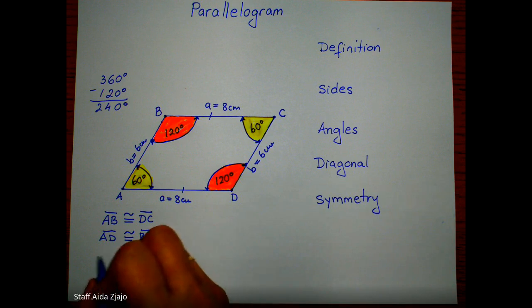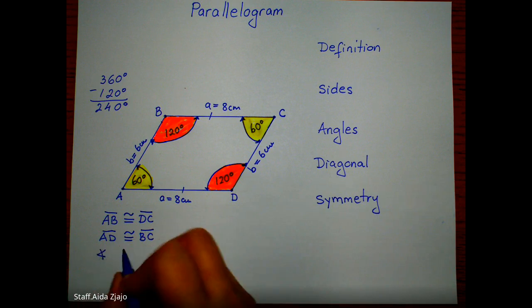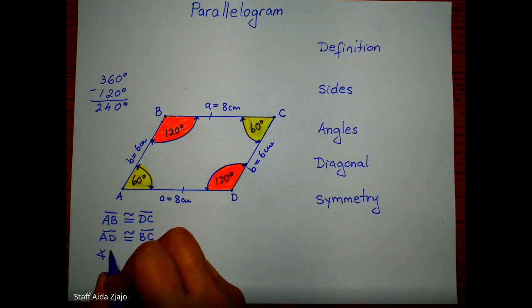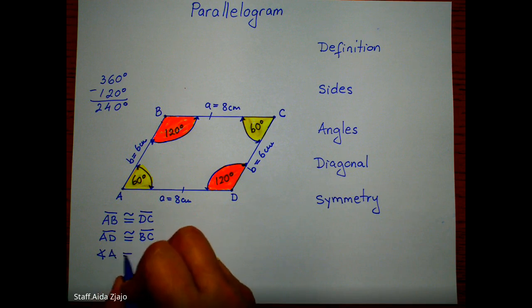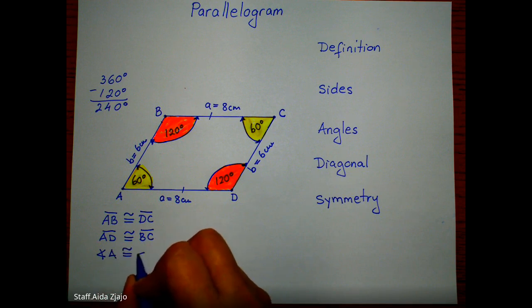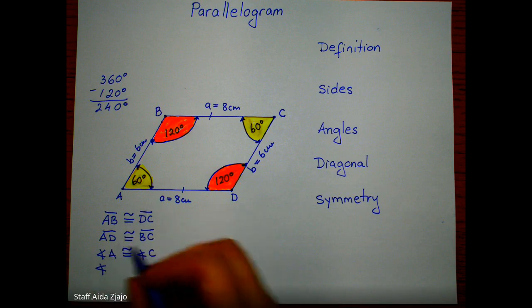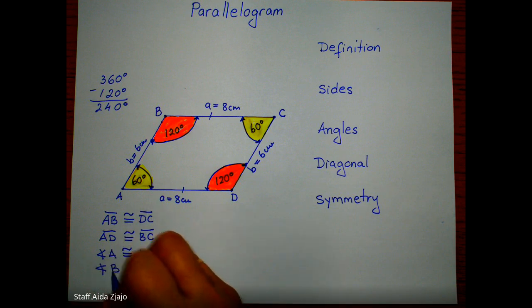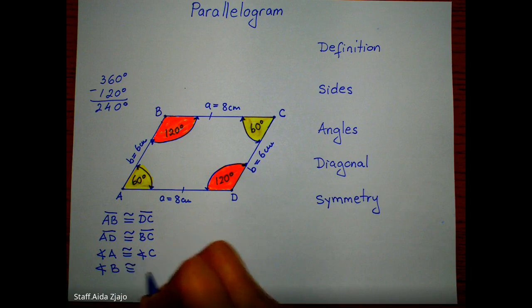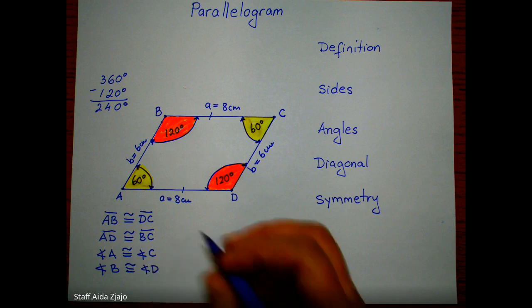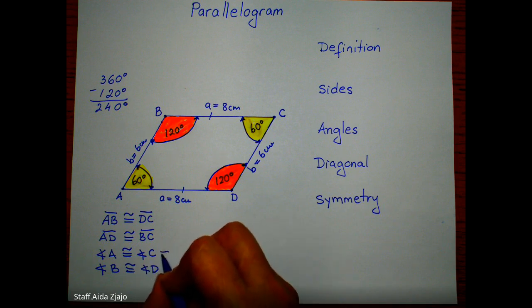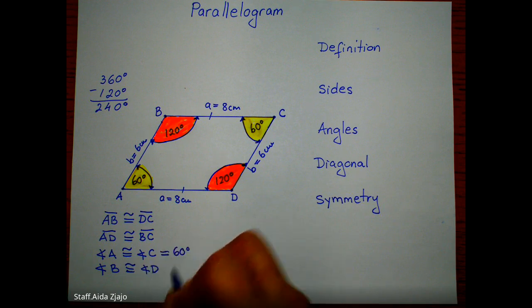Angle A is congruent to angle C, and angle B is congruent to angle D. These are equal to 60 degrees, and these are equal to 120 degrees.